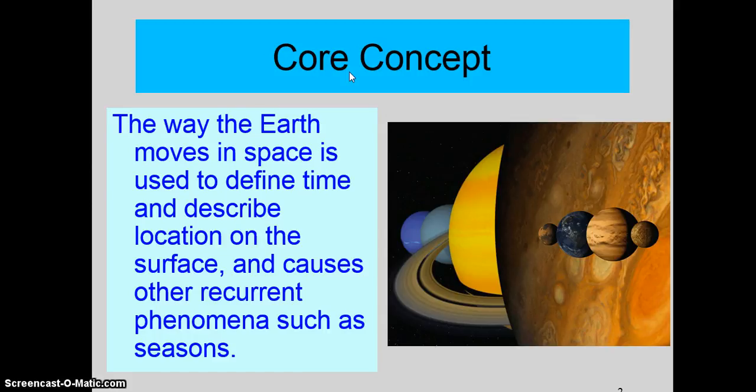We're not really going to look at that in this chapter. We're more interested in the actual motions of the Earth with respect to the sun, with respect to the solar system.